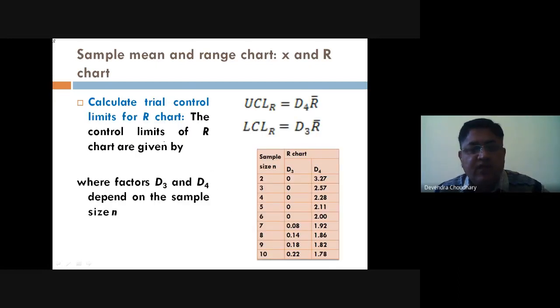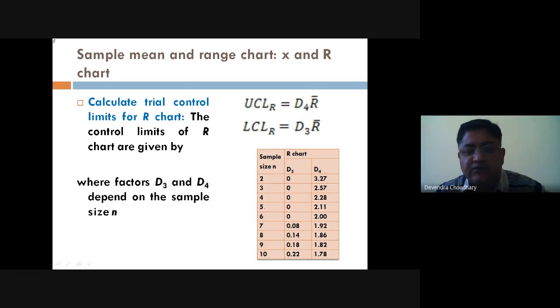Next step, we calculate the trial control limits for R chart by using this relationship. The lower control limit of R chart is equal to D3 R bar and the upper control limit of R chart is given by D4 R bar, where D3 and D4 values depend on the sample size n.